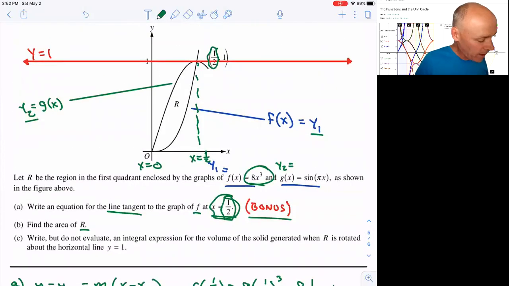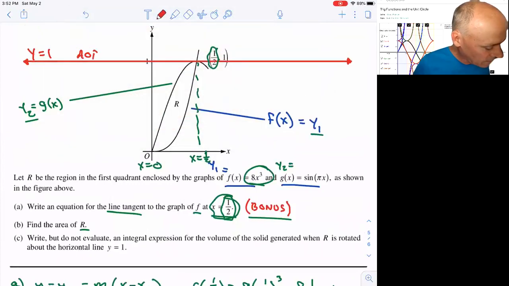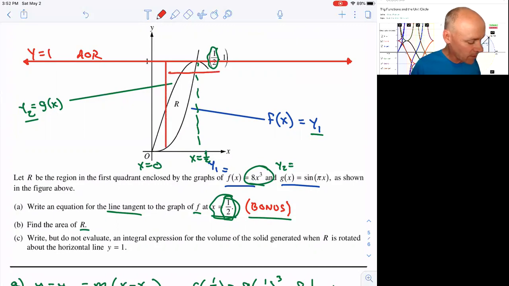Okay, and now this is my axis of rotation. So what I want to do, I want to draw that first one. Again, for my axis of rotation, I'm going to go down. So that's my first one I'm drawing. That's going to be my lowercase r. So r is equal to upper, that's 1, minus the lower, that's y sub 1.